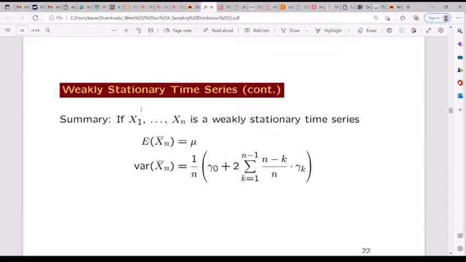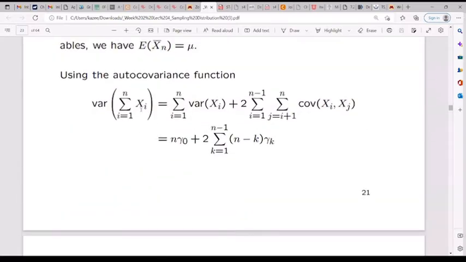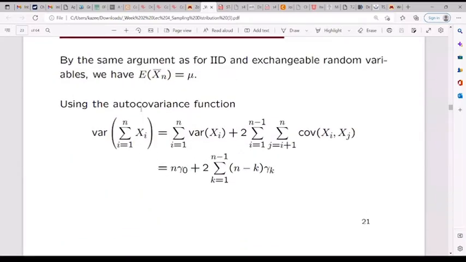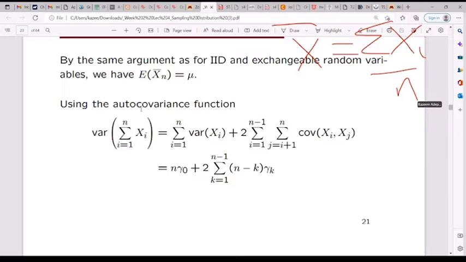Now another thing: yesterday, when we were trying to find the mean and the variance of the sample mean, we started from this, right? If I want to get x bar, I'm going to need this. This is what we're seeking. Within a time series framework, we want to get the mean of this and the variance of this.